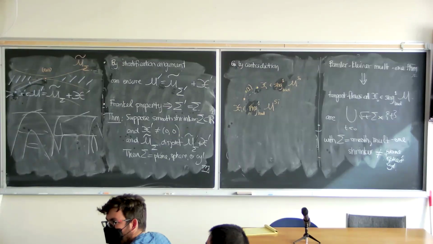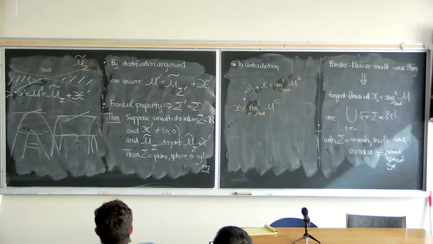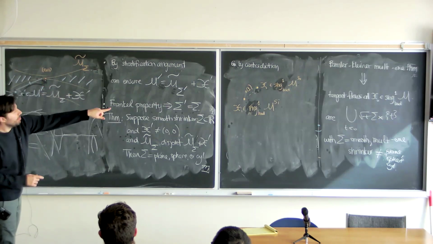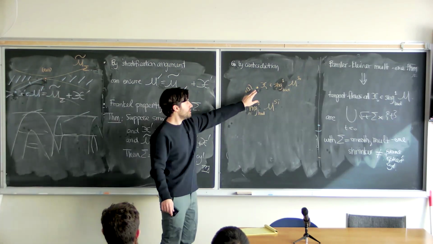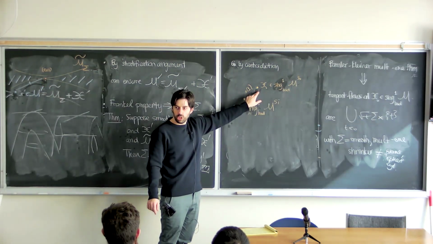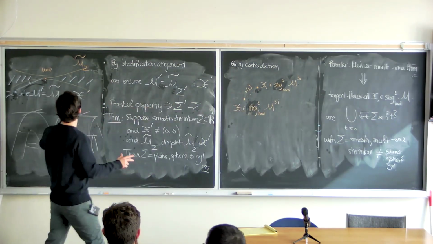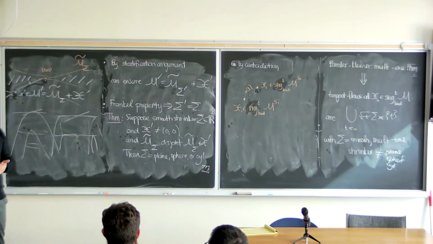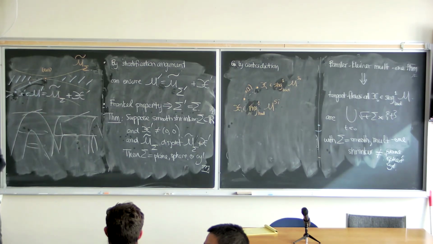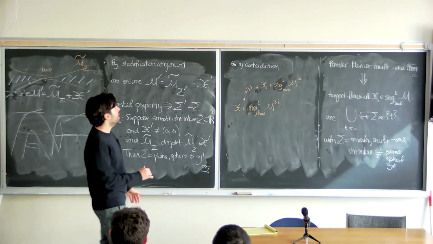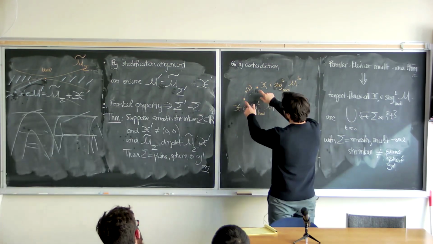Where exactly is the contradiction? That I'm blowing up at bad singular points, which means my tangent flows must not be planes, spheres or cylinders. I'm proving by contradiction the discreteness of this set.